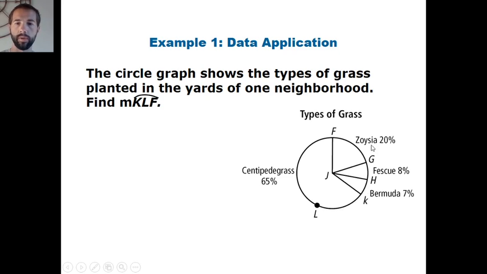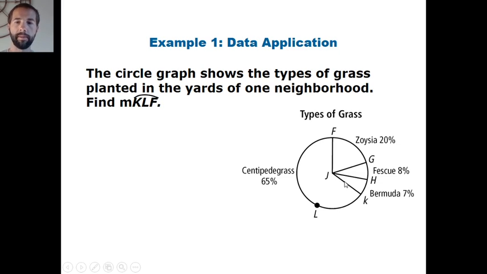The zoysia grass is 20%, so that means that this angle is 20%. Fescue grass is 8%, so if arc GH is 8%, then that means that KJH is also 8%. And then HK, that's 7%, so that means that the angle KJH is also 7%.